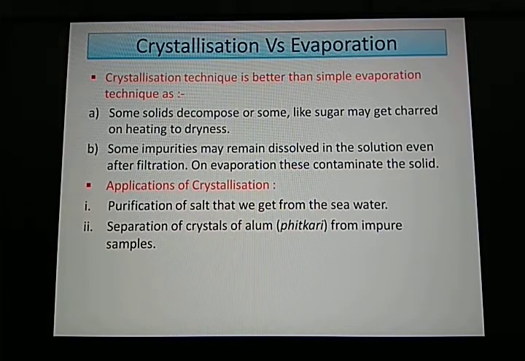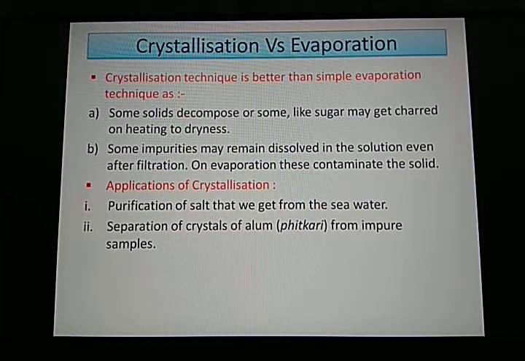Now, the separation of crystals of alum from impure samples. Alum is used basically for the purification of impurities dissolved in water. So in order to do that, first of all, the alum that we are using should be pure. In order to make pure alum crystals, we first have to separate out the impurities present in it.